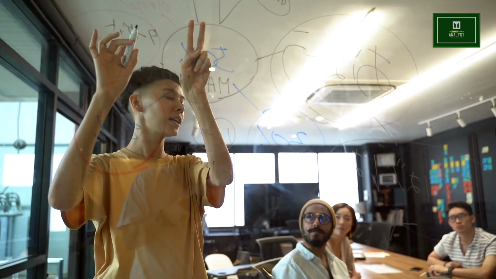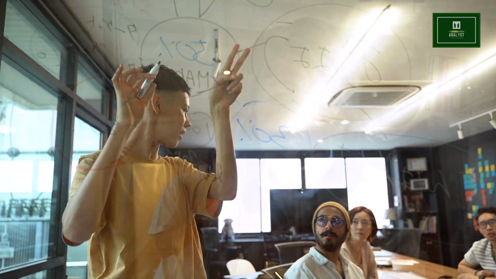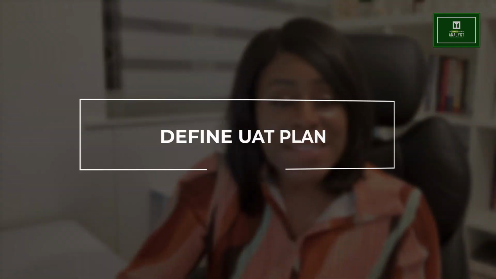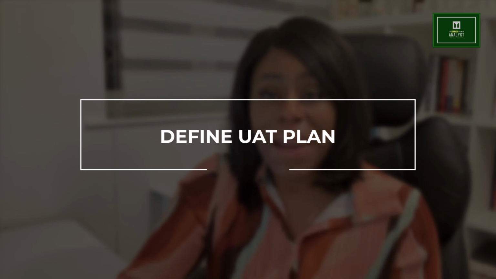So your scope will determine who needs to participate in the UAT. Make sure you inform them, and keep them abreast of the progress of the planning and when UAT is going to happen.